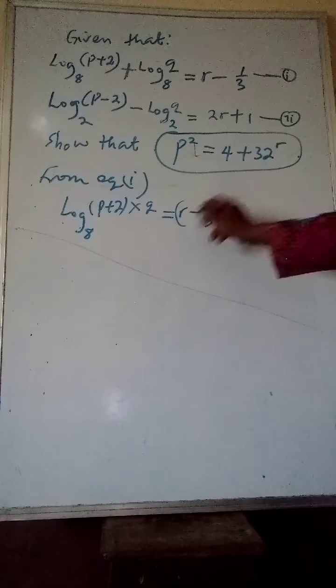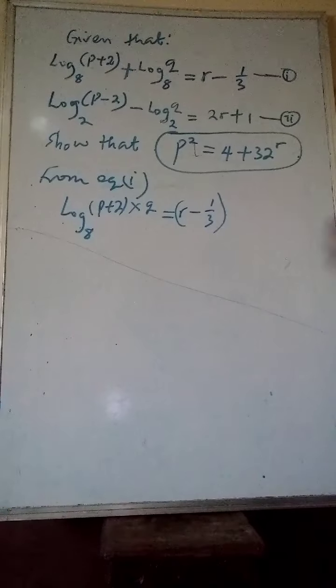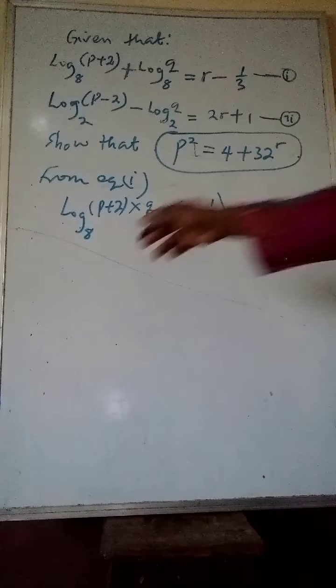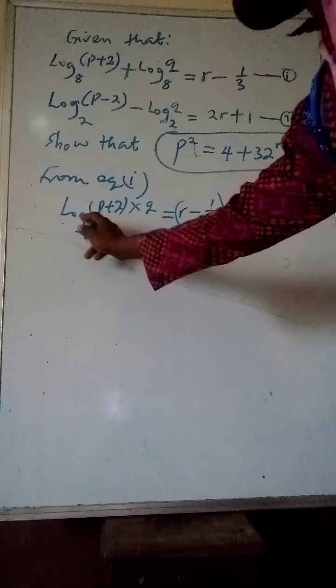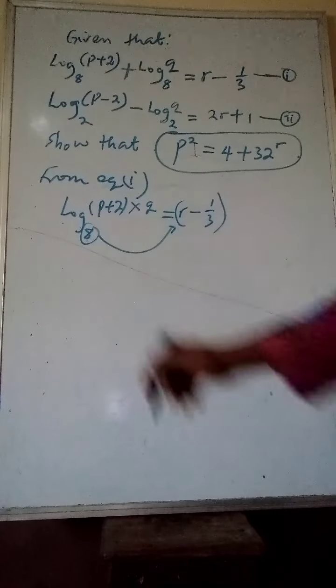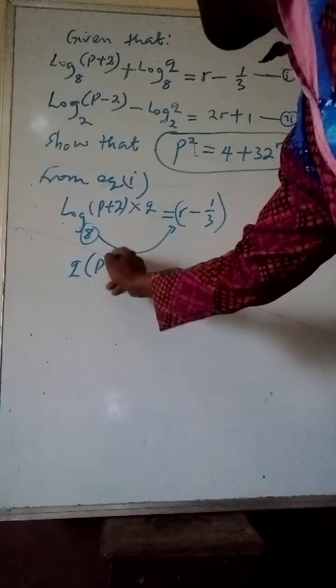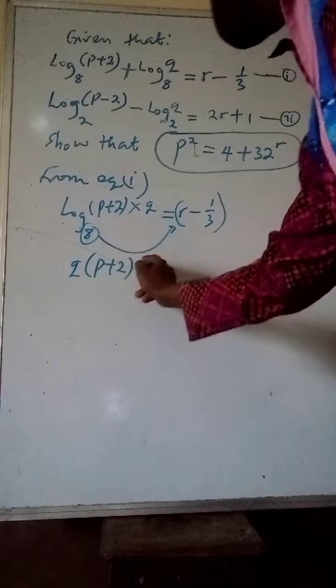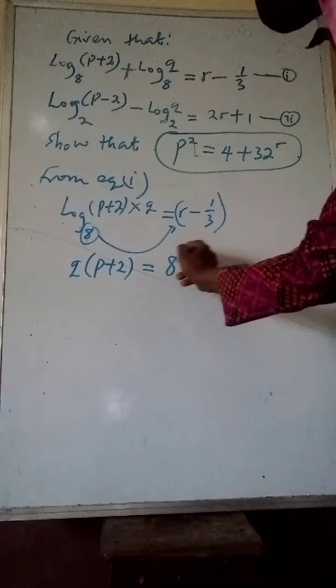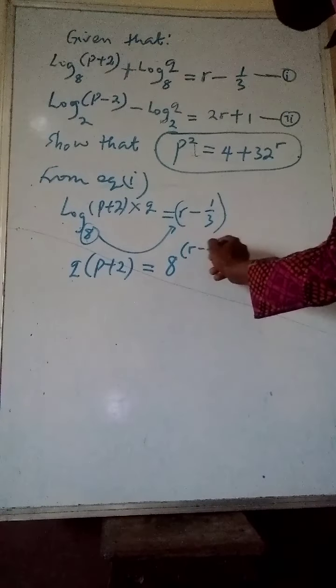Let me put this in bracket also. According to the law I used in the first question, the base here can carry this as a power. That means I'm going to have q(p + 2) equals 8 raised to power (r minus 1 over 3).